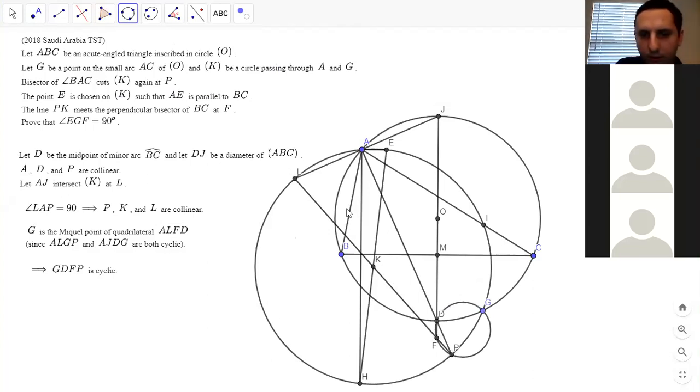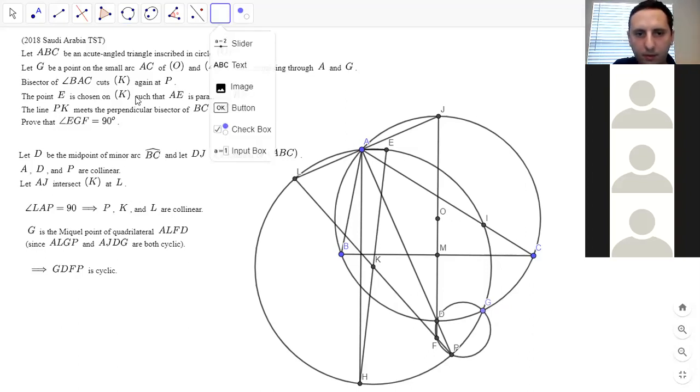And now it's just kind of an angle chase because we want to show G, F, and H are collinear, but we could show angle DGF, DFG, DPG, which is APG, which is AHG.